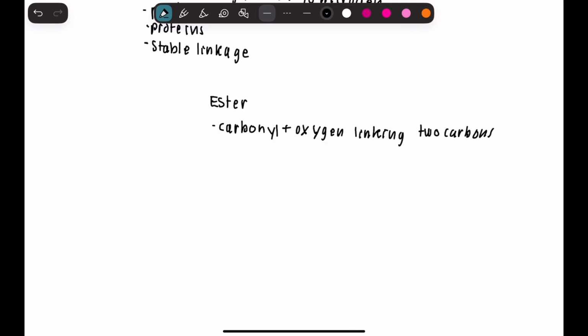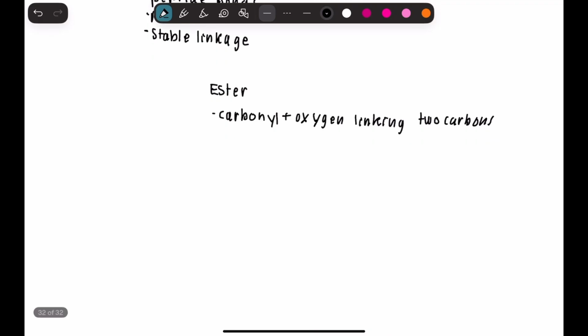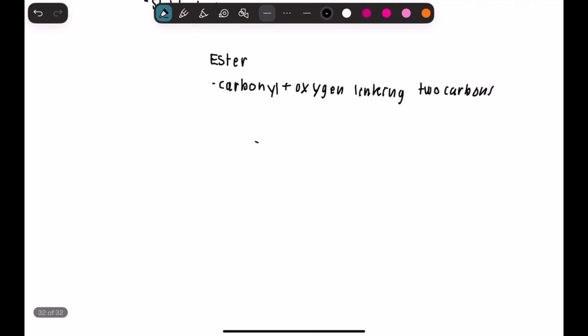Now, an ester is usually going to be like this. You have your carbon and you have your other, like that.